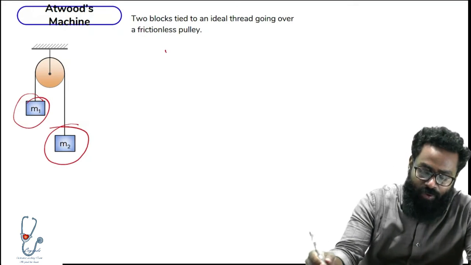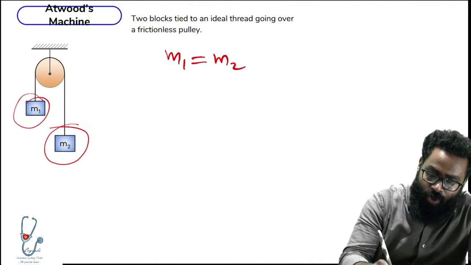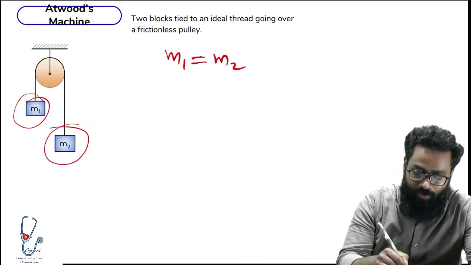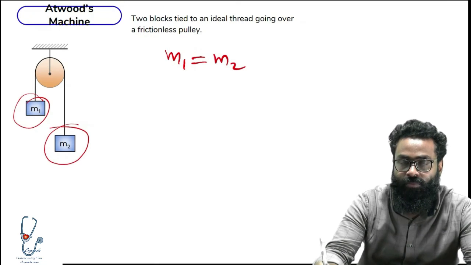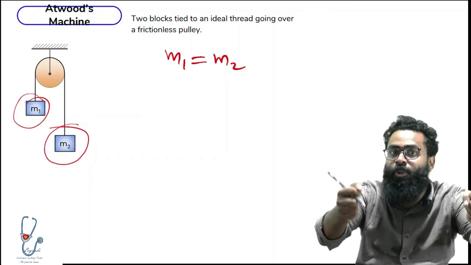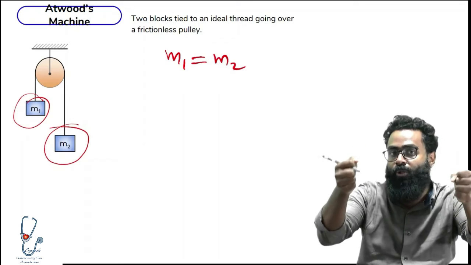If m1 is equal to m2, where the mass is the same, the weights are equal, so there will be no motion.